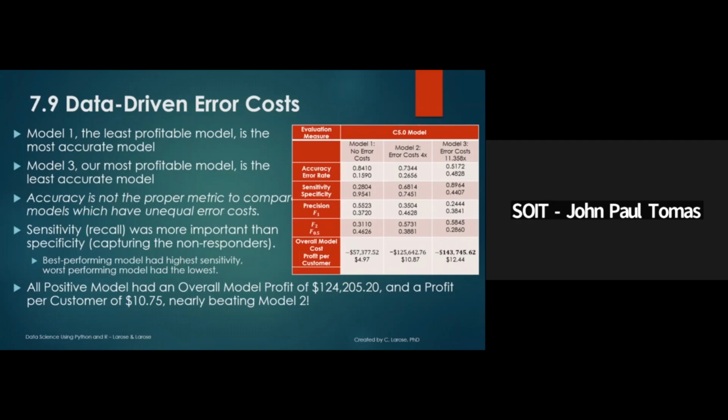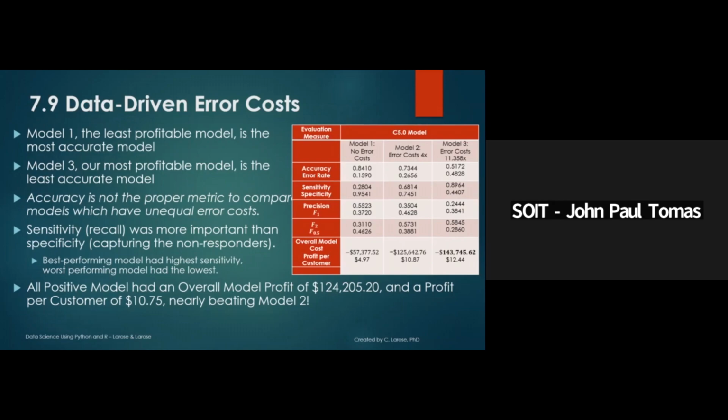Okay. Now, take note that Model 1 is the least profitable model because it has no error cost. It is the most accurate at about 84%. While Model 3 is the most profitable model, applied with the data-driven error cost, with an accuracy of around 51.72%.